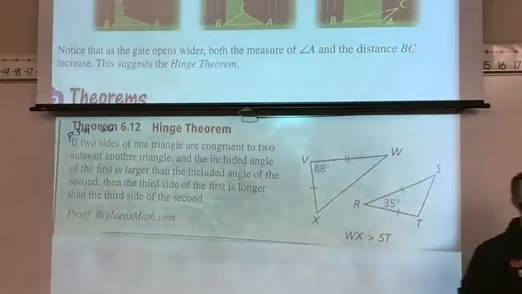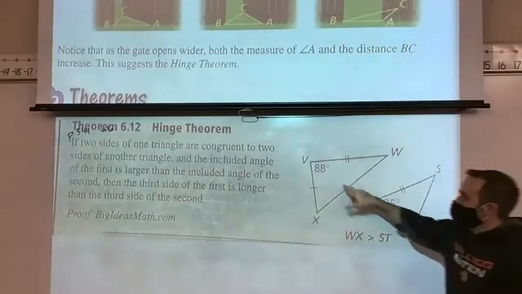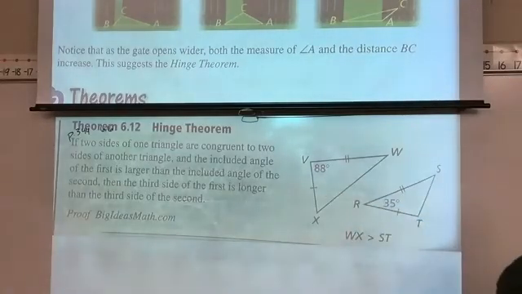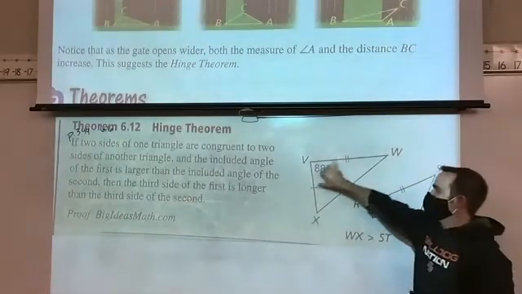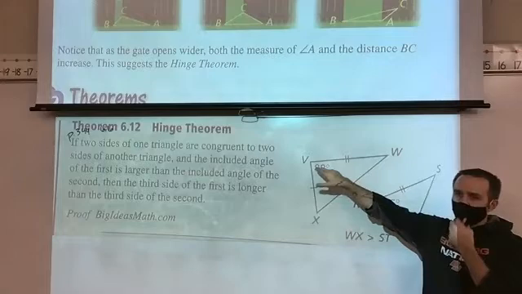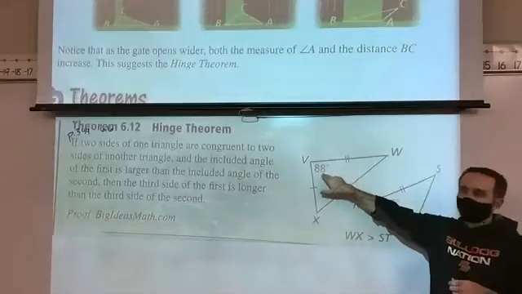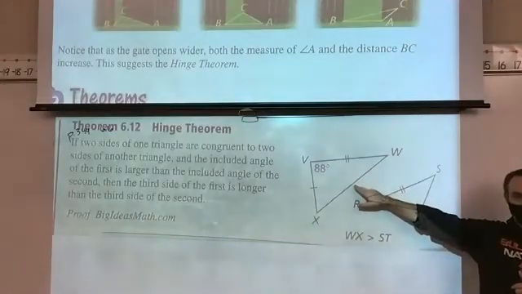And what this is saying is, if we have that, then we can look at the included angle. Included angle we know is the angle between those two sides. So if we have two pairs of congruent sides, we look at the included angle. The bigger the included angle, the bigger the third side is going to be.